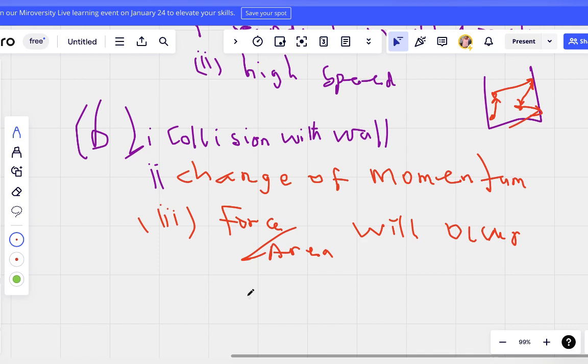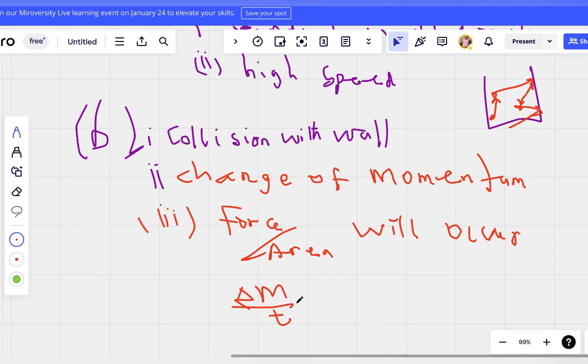So in other words, you can say change of momentum per second. You can write this way or call it this. So it's connected to the third point. Now the fourth point, we talk about the pressure.